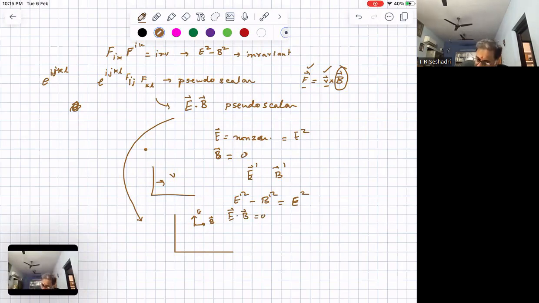Now, if I look at it from another frame which is moving, E will change, B will change, but E prime dot B prime will remain 0. So in other words, if I have electric field and magnetic field which are perpendicular in one frame, the direction of E might change. The direction of B might change, but they will remain mutually orthogonal, even in another Lorentz frame.